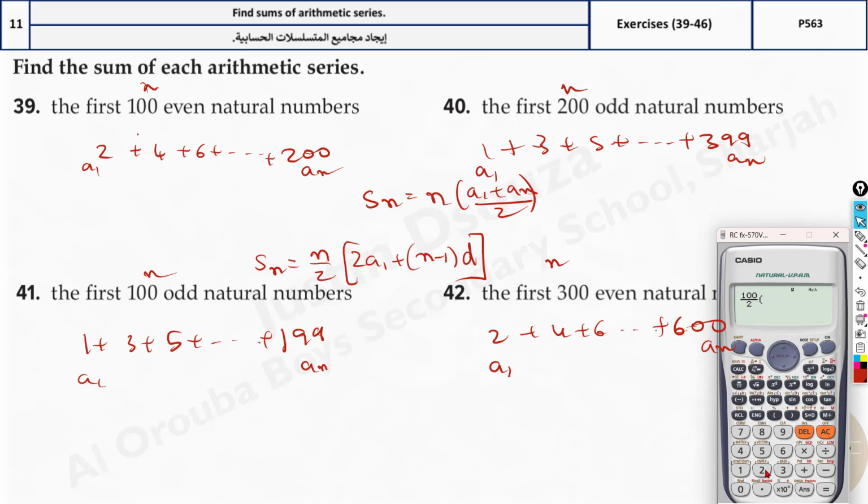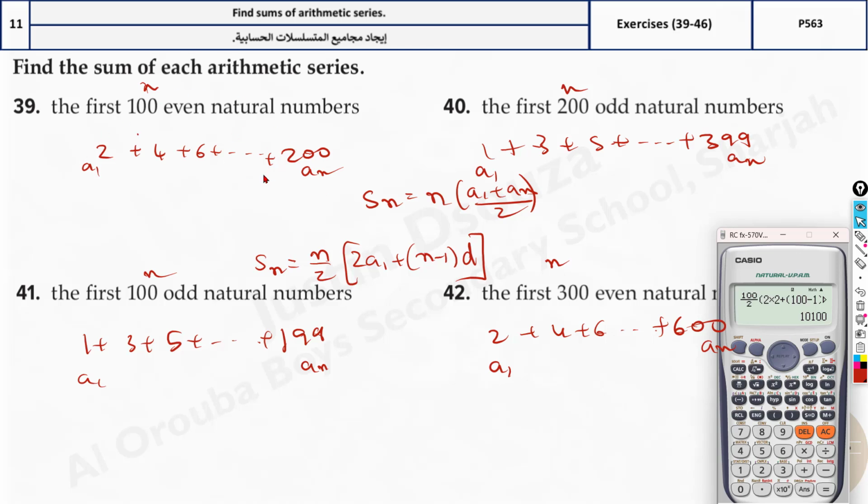Now open the bracket. 2 times 2, the first term A1, plus n minus 1, which is 100 minus 1. Close the bracket, multiplied with d. What is d here? Even numbers, 2, 4, 6, 8, right? And close the bracket. Sorry, I have done wrong with the brackets. Yeah, this is now correct. The answer is same. So this is how we can easily solve series problems.